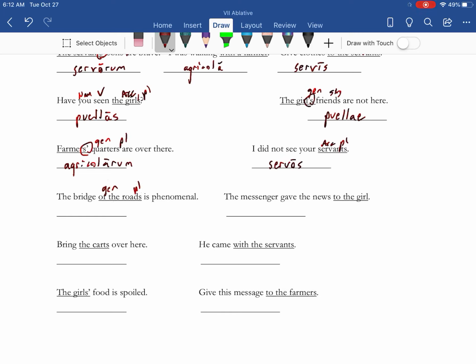And I know roads isn't up there. The A is going to become an ARUM. Indirect object, so dative singular. A will become AE. Bring the carts. And the implied you is the subject. This is going to be accusative and plural. So the US becomes an OS.